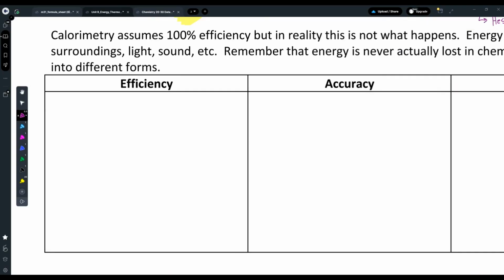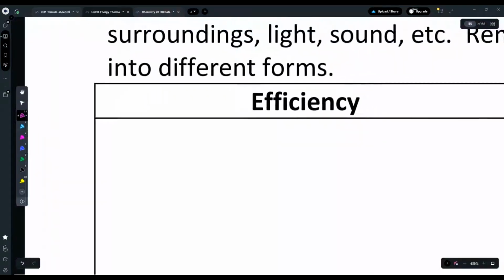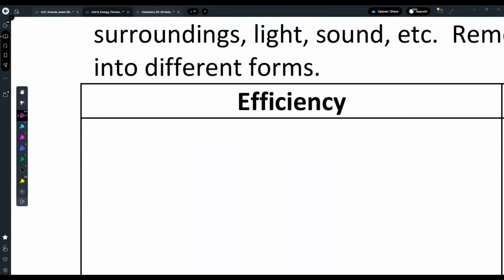Okay, so for chemistry, efficiency, it's just how much heat from the reaction heats up the water in a calorimeter. That's a more specific example of what we care about in terms of efficiency when doing calorimetry experiments.